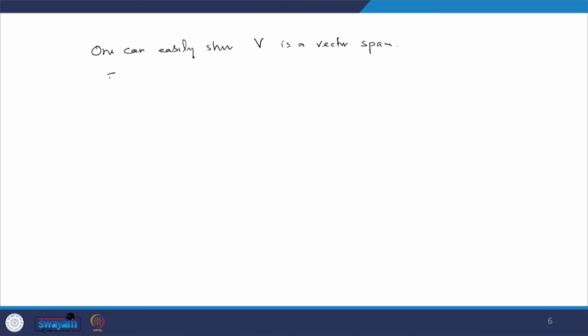Therefore, it is closed. So, the closure property we can immediately check like this.